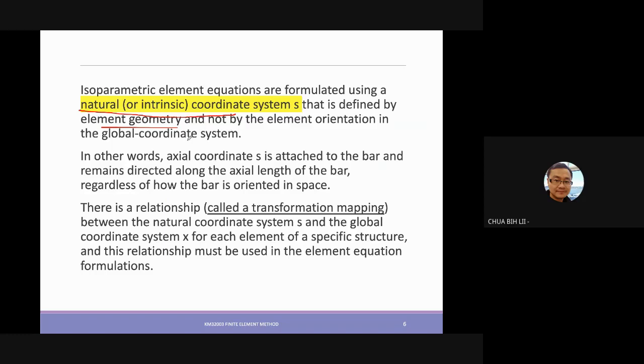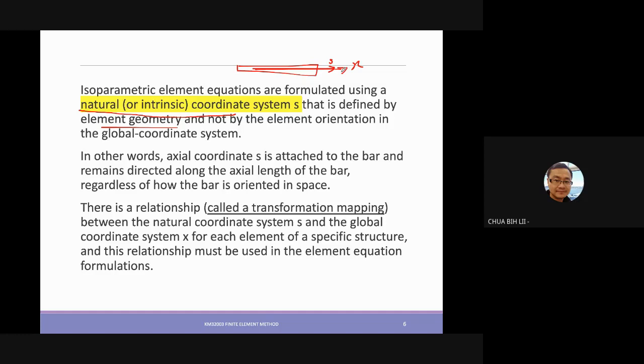But when we start with the bar elements, you may not see a huge difference, because for a bar element, previously this is X, so if we attach a natural coordinate system, it is still along the X direction.